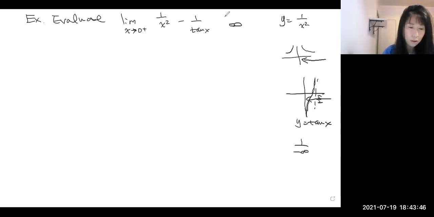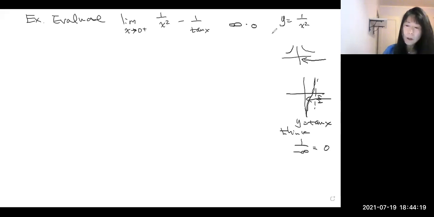Do we get this one? Easy, we have a form of 0 times, right? So 1 over negative infinity is also an indeterminate form, right?